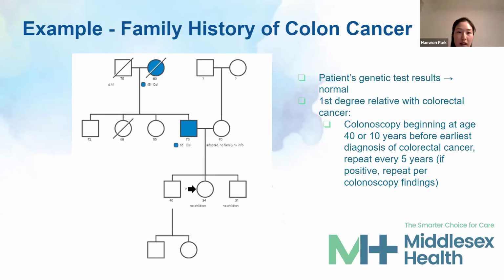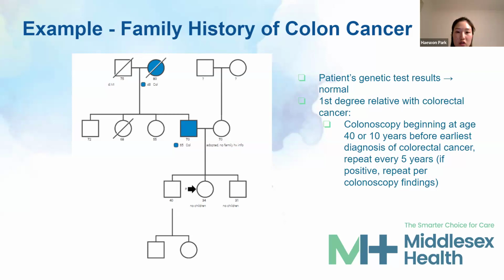And the screening recommendation for people with a first-degree relative with colon cancer is to start colonoscopy screening at age 40 or 10 years before the earliest diagnosis of colorectal cancer in the family, and to repeat it every 5 years at minimum or more frequently if there are positive colonoscopy findings.